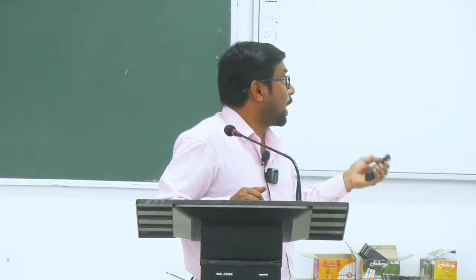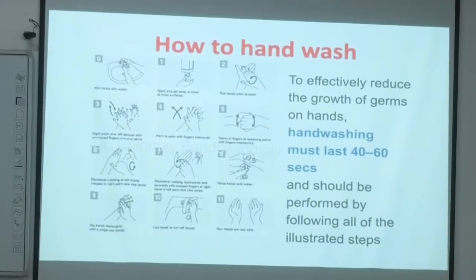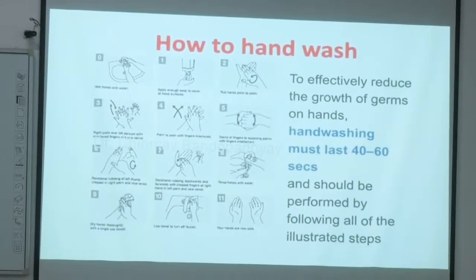WHO has defined that particular process for hand wash, and the total time for washing your hand is 40 to 60 seconds. You have to maintain 40 to 60 seconds, or make it within this. But for surgical hand wash, it is around 3 to 5 minutes.